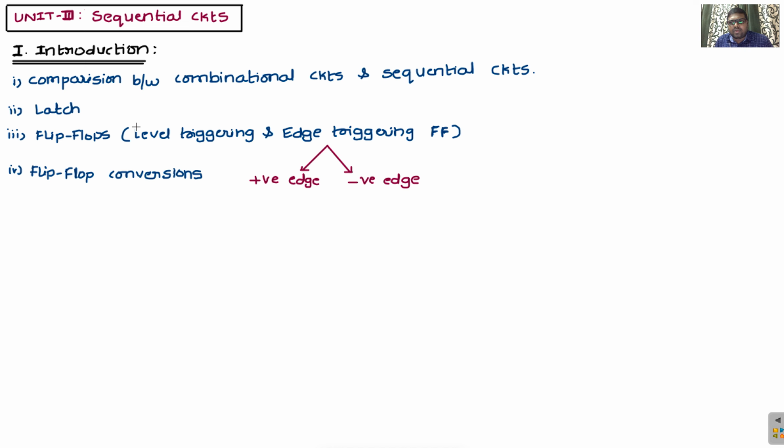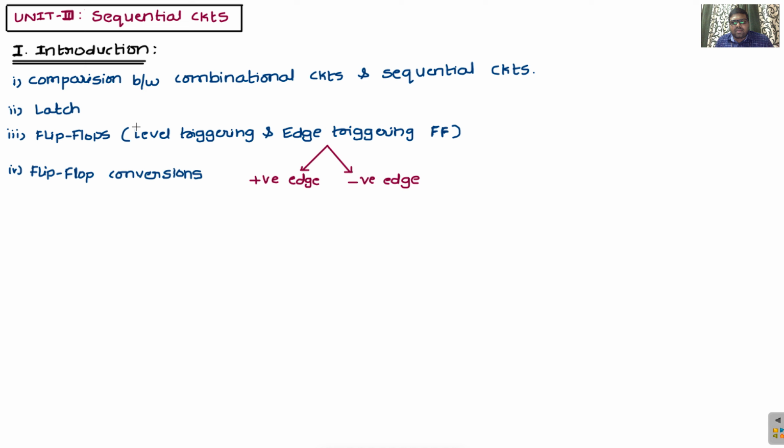Flip-flop conversion means SR to JK flip-flop conversion, JK to SR conversion, SR to D flip-flop conversion, D to SR, like that. We have various possibilities, and those conversions are all discussed in this fourth topic. This is the first part of sequential circuits, which is completely the introductory part.